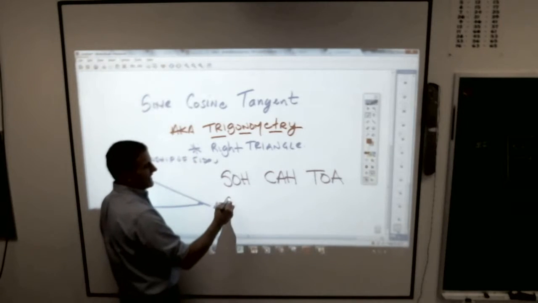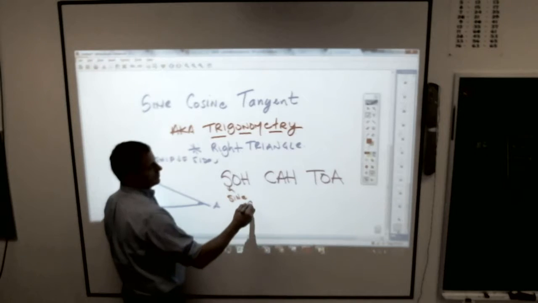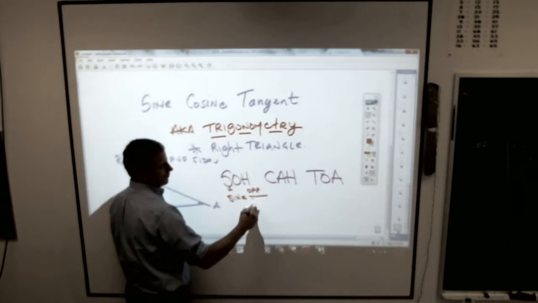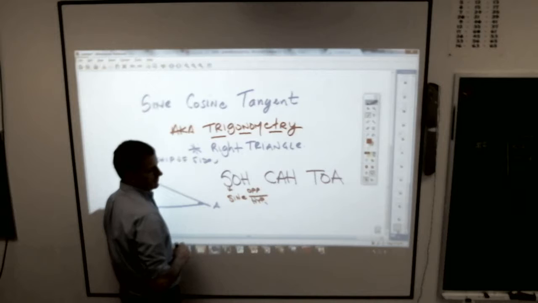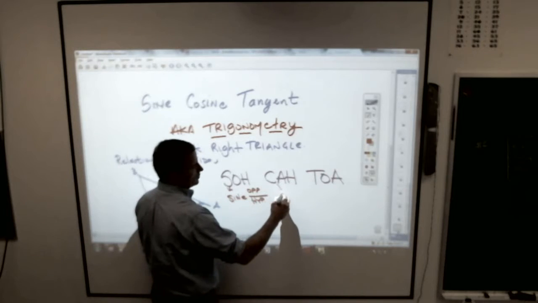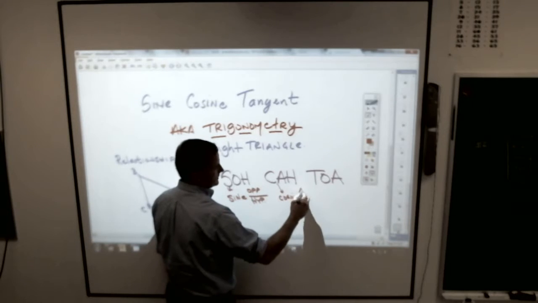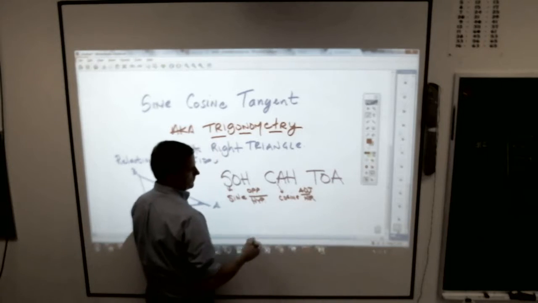When you talk about sine, which is what the letter S stands for, you talk about the relationship of the opposite over the hypotenuse. When you talk about cosine, that is the relationship of the adjacent over the hypotenuse.